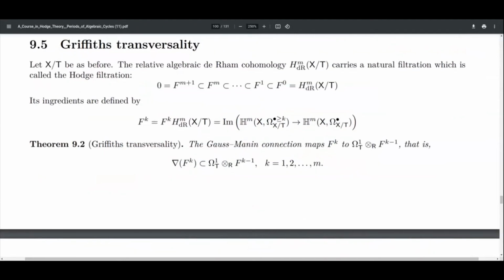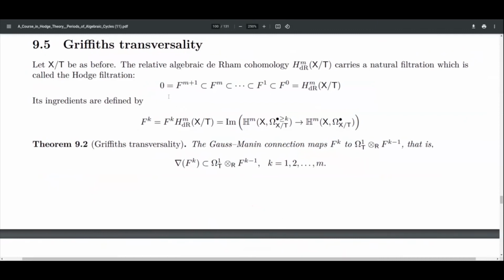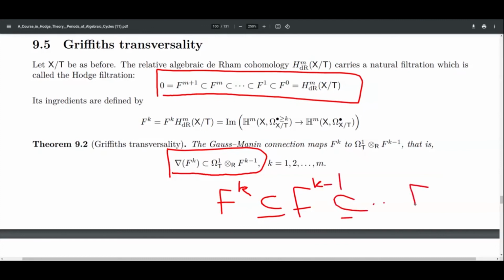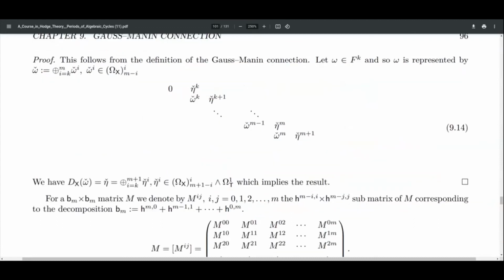The next important property is the relation of the Gauss-Manin connection with the Hodge filtration. In a similar way, we have the Hodge filtration of the cohomology bundle, and it turns out that the Gauss-Manin connection sends F^k to F^(k-1). So it's a kind of pushing forward. Remember that F^k was inside F^(k-1), and so on, and everything is inside F^0. The proof of this fact is just the definition of the Gauss-Manin connection.